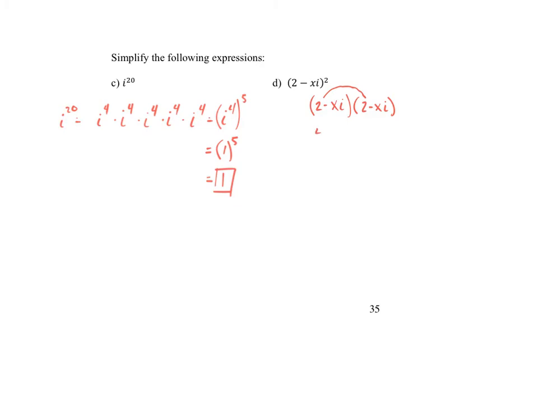So 2 times 2 is 4. 2 times negative xi is going to be negative 2xi. Negative xi times 2 is another negative 2xi. Negative xi times negative xi, that's going to be a positive x squared i squared.